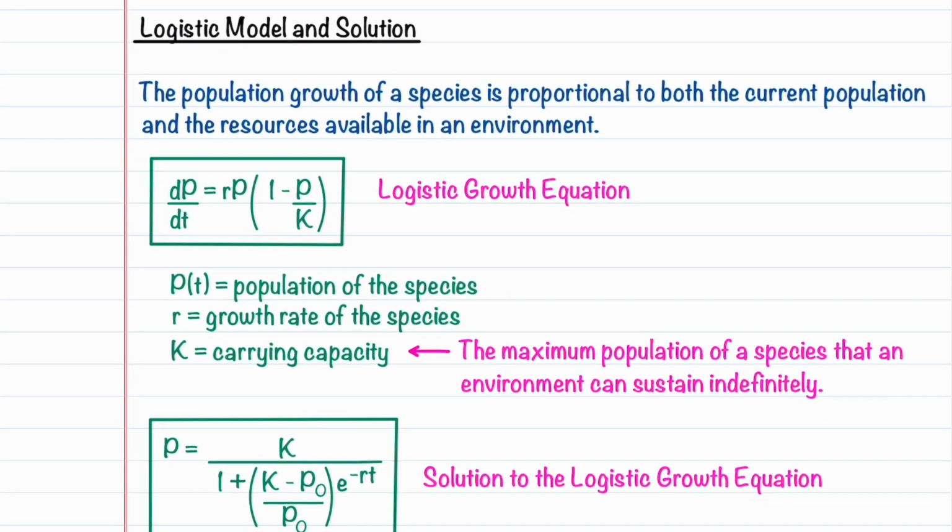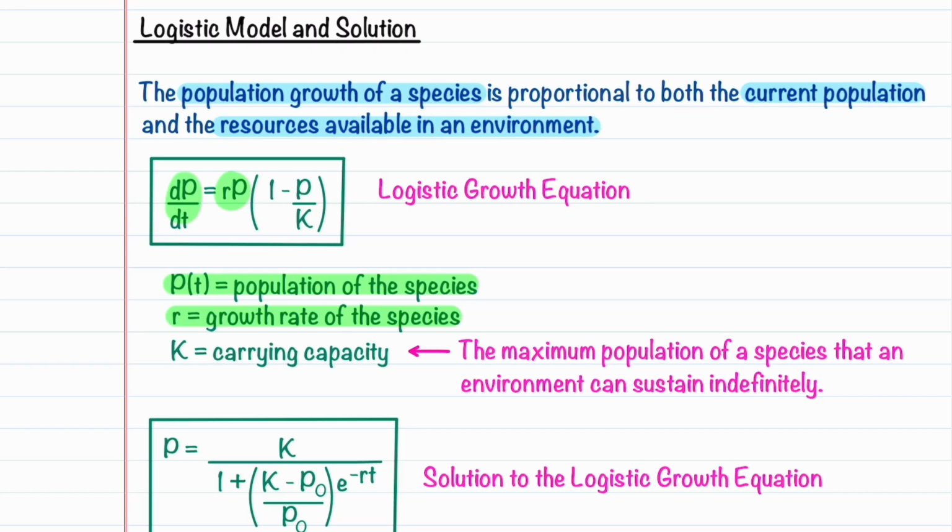The logistic equation model is based on the assumption that the population growth of a species, represented by dp/dt, where p is the population of the species, is proportional to both the current population, that's represented by r times p, where r is the growth rate of the species, and the resources available in the environment.